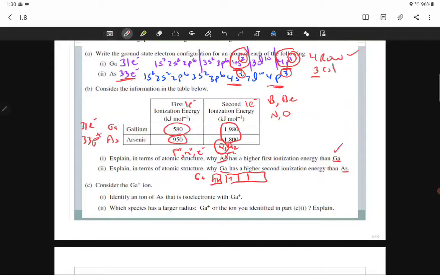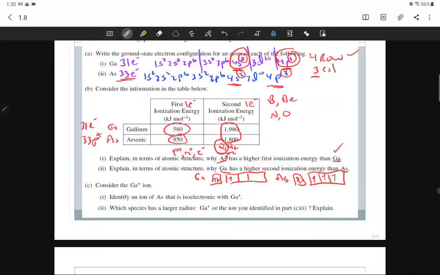And then arsenic ends in 4s2. So here's that, and then 4p3. And if you remember, I was telling you that if you have a half-filled or filled orbital, it's very, very difficult, or more difficult, to lose an electron out of there.